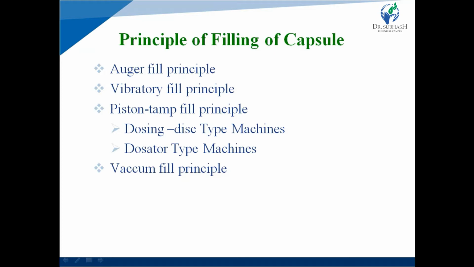capsule filling machine works on the piston tamp principle by using piston or tamping pins. These piston tamps form the shape of the powder by compressing the powder to form a slug. These slugs are transferred into the empty capsule body with the application of slight pressure.